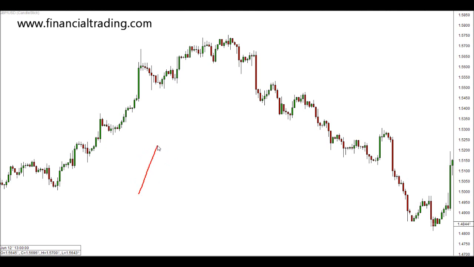This pattern looks something similar to this. We have a push on the upside, a pullback, another push, a pullback, a minor push, and then a pullback. The reason it gets the name head and shoulders is quite obvious.